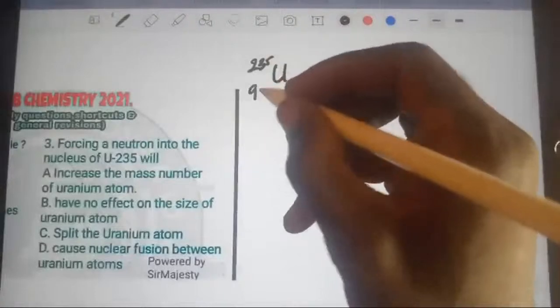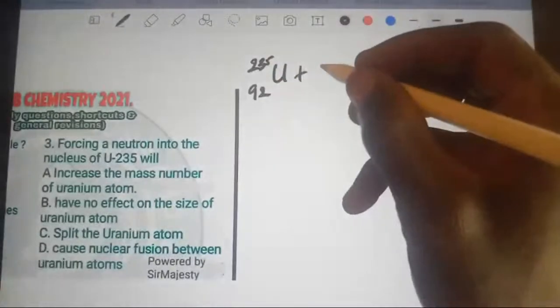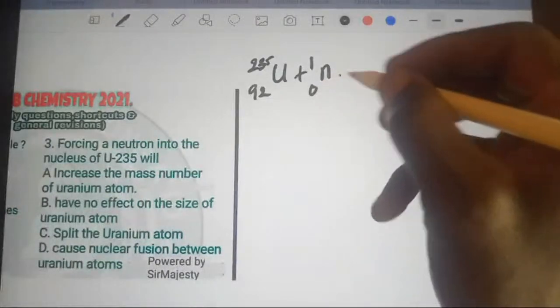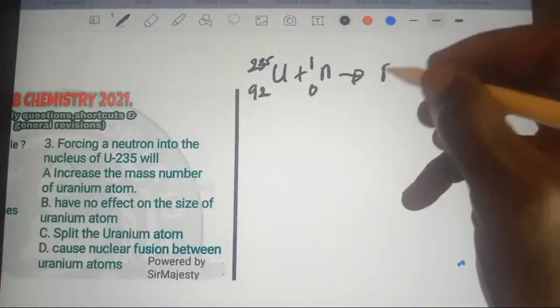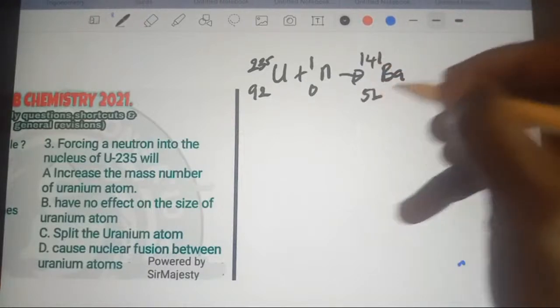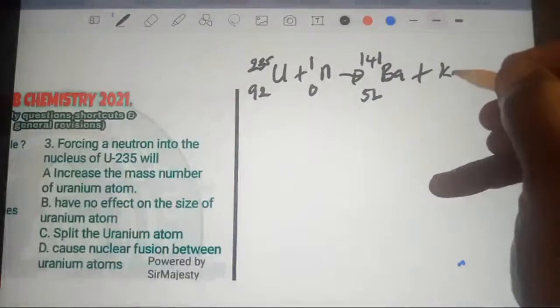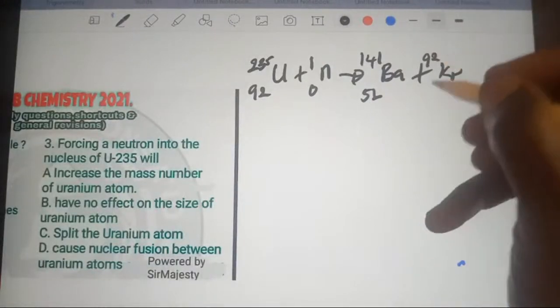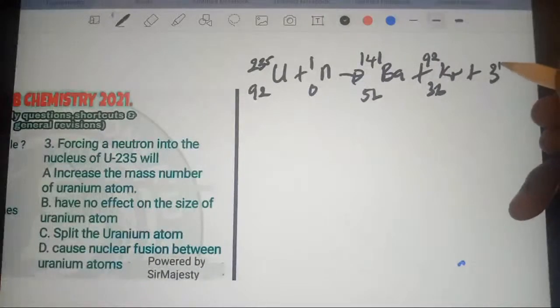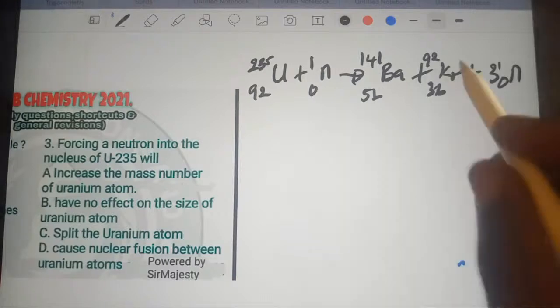Uranium-235, here is 92. Bombarding it with a neutron. A neutron has a mass number of 1 and 0 charge. It will give you barium, which will have mass number 141, here is 56, plus krypton, which will have 92 here and 36, then plus 3 extra neutrons. So this is what we call nuclear fission.